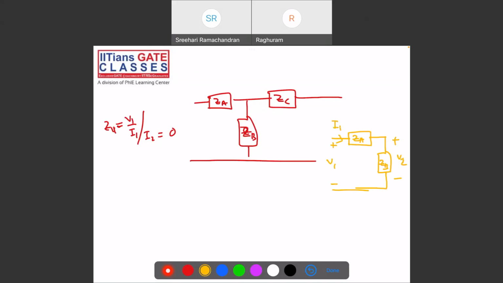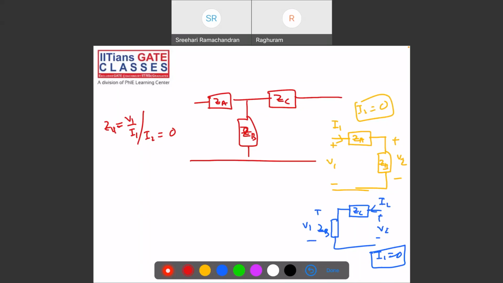The other circuit has ZB, and this is when I1 is 0. Clear so far? Now if I want Z11, the impedance as seen from this side, Z11 is directly ZA plus ZB.